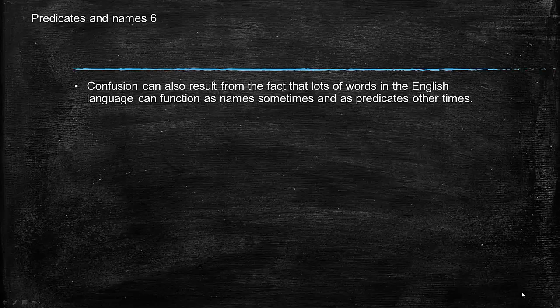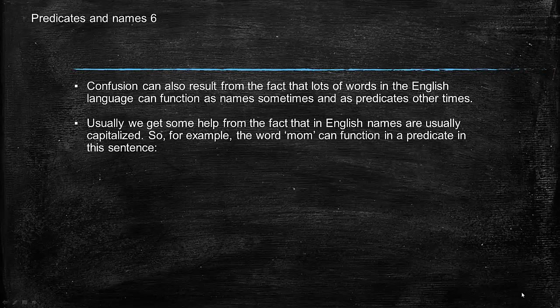So you can also get confused easily by the fact that lots of words in the English language function as names sometimes and as predicates other times. So, for example, you take a word like mom, right? Well, as you know, sometimes mom gets capitalized because we use mom as a name. We just call our mom Mom and treat it as a name.